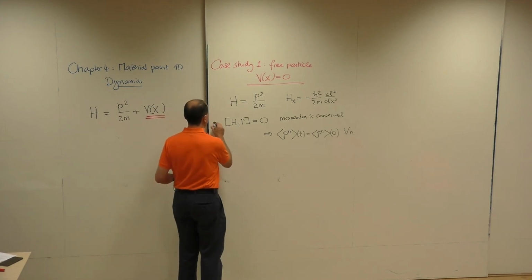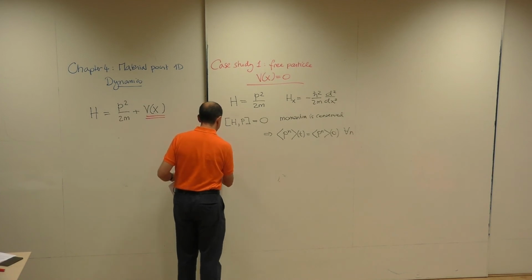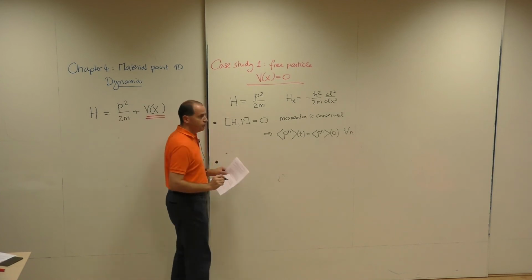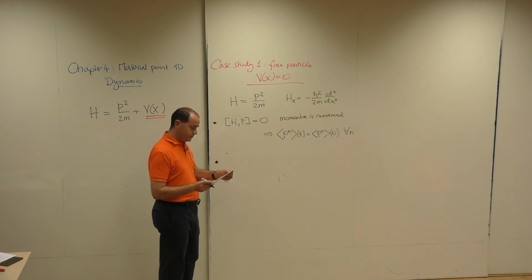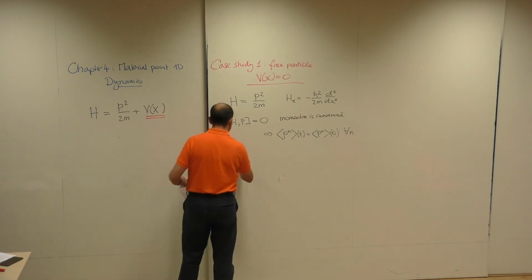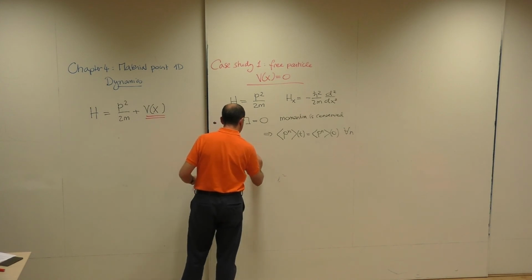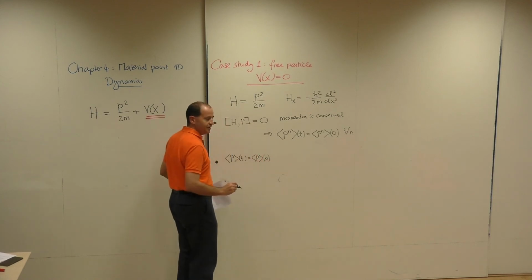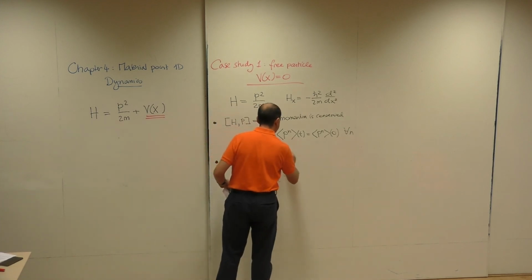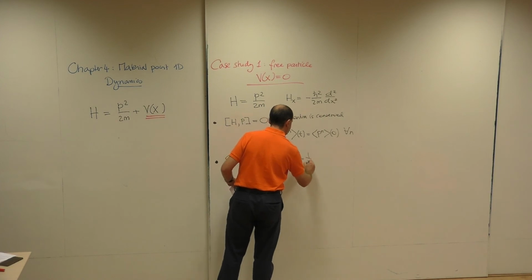That's the first point. Second point, from Ehrenfest's theorem we know that we have P of t is equal to P of 0, right? But the Ehrenfest theorem was telling us that dx over dt is 1 over m times p, at any time.